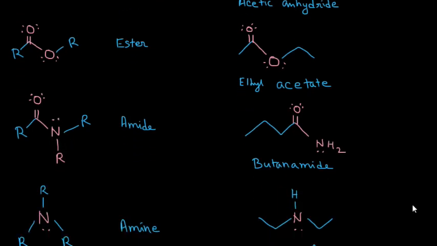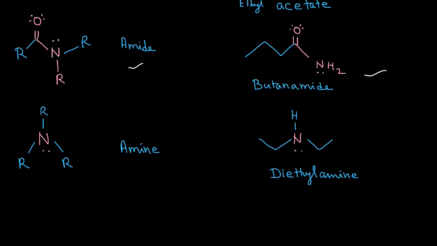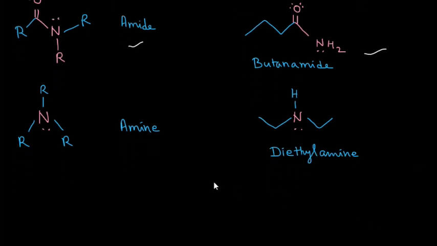Next is ester. All the red is marked as the functional group. So our example is ethyl acetate. Next is amide. Our example is butanamide. And last is amine. Our example is diethylamine.